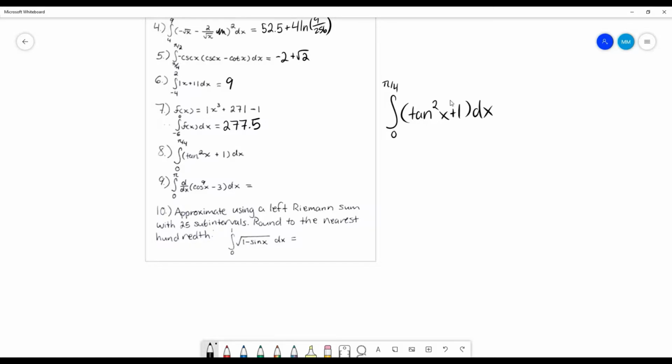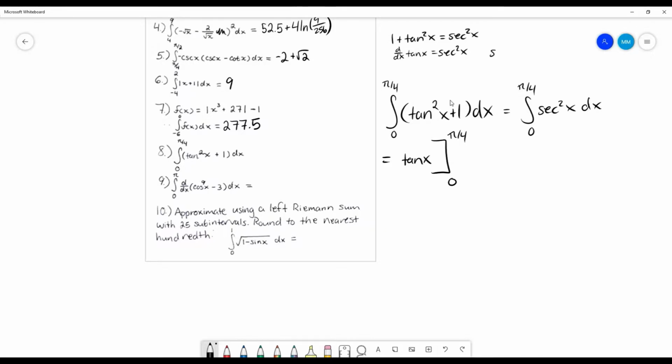However, if we know our trig identities pretty well, we'll recognize that this is the same as secant squared, which we do know the integral of, because I know that the derivative of tangent is secant squared. So it's actually the integral of secant squared of x, which is then just tangent of x on these bounds.